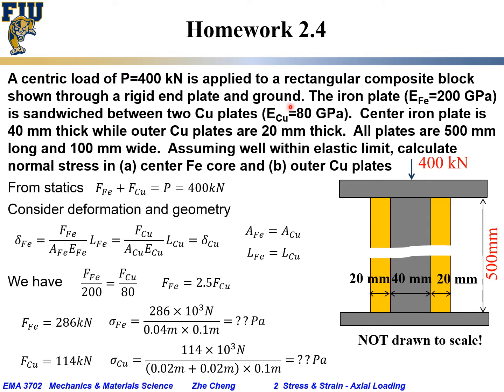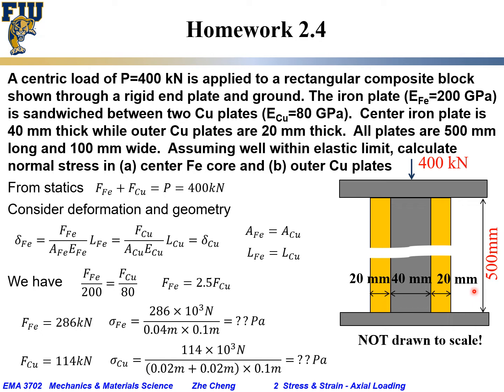The iron plate has an elastic modulus of 200 gigapascal. The copper plates have a modulus of 80 gigapascal. The center iron plate, let's assume, is rectangular in shape and 40 millimeters thick, while the outer copper plates are 20 millimeters thick.